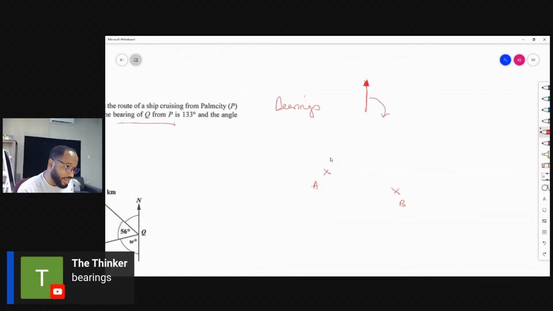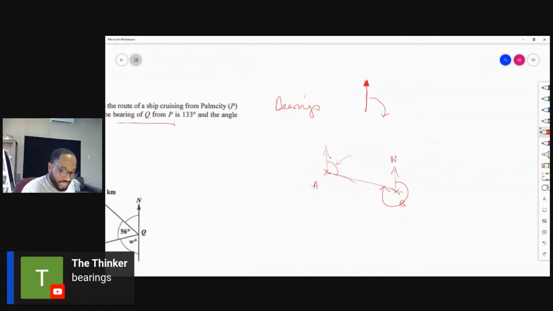So if you hear what I said just now, I want the bearing of A from B. When people say the bearing of A from B, some draw the north at A and think this is what they want. That's wrong. That's real wrong. The bearing of A from B means where is A located in relation to B. So you're actually looking for this angle here.